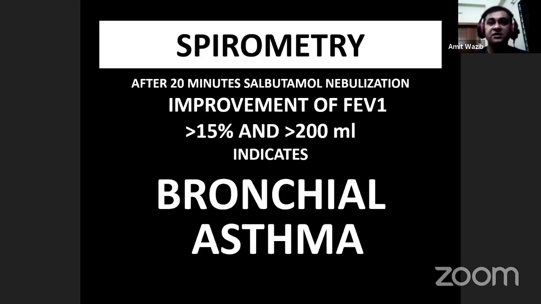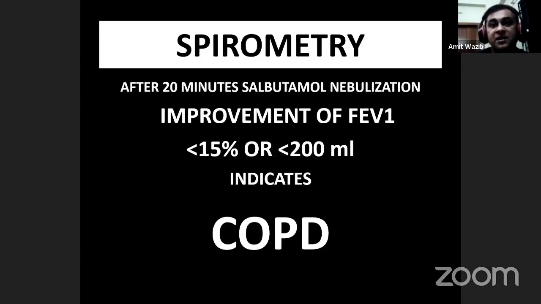Then we call it a reversible condition, reversible airway disease. So this is bronchial asthma. Very simple. And if this criteria is not fulfilled, that is, the improvement is less than 15% or less than 200 ml, it indicates irreversible airway obstruction or COPD.